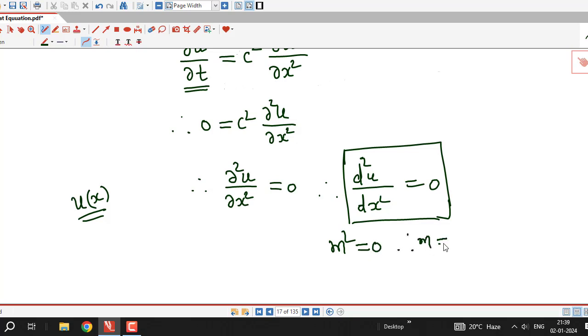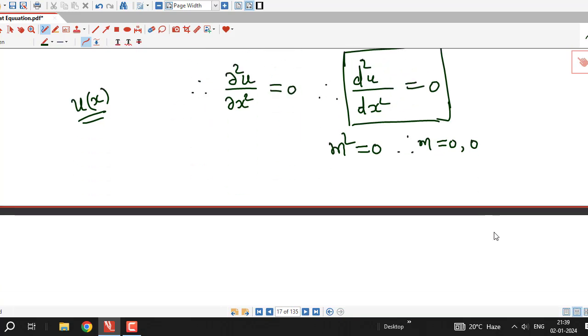Therefore we have m equal to 0, repeated and real roots. We know that if we have real and repeated roots, then the general solution is u equal to a times e raised to m into x, where the value of m is 0, plus b times e raised to m into x, with m again 0, so I have to multiply this by x.